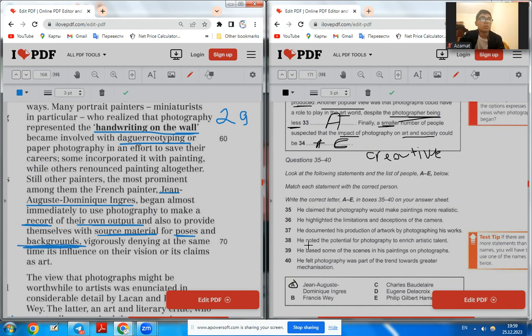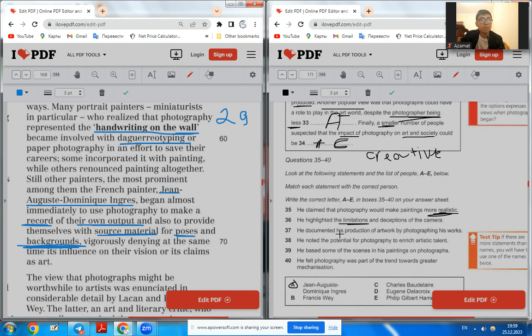Okay, so let's read these. He claimed that photography would make painting more realistic. Nothing about being realistic or not. He highlighted the limitations and deceptions of the camera. Nothing about limitations.